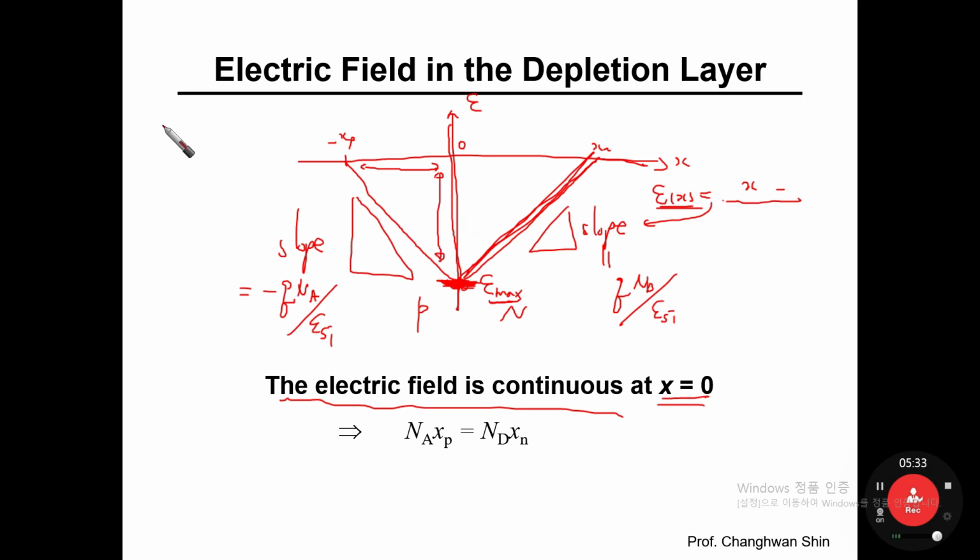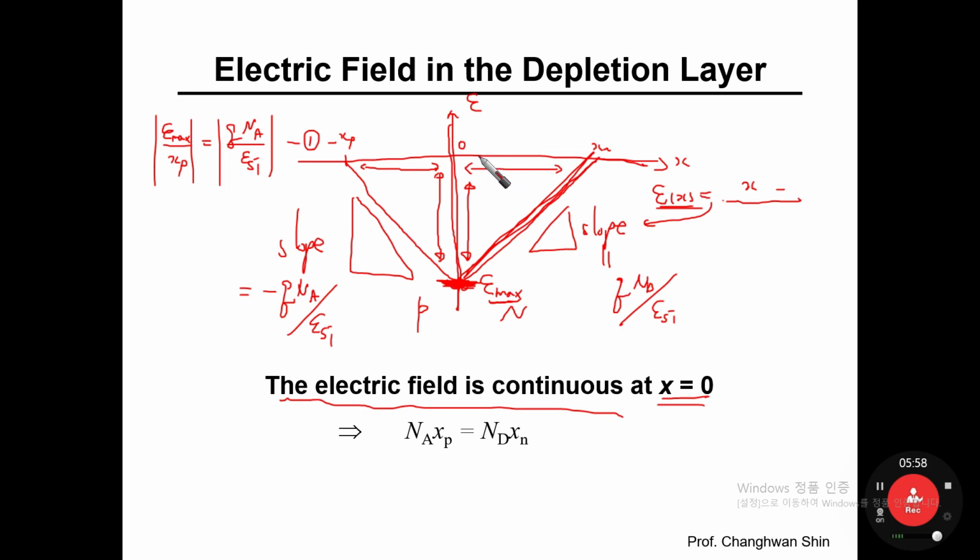So Emax divided by XP is equal to Q times NA over epsilon silicon. Of course, I'm talking about the magnitude only, okay? And that equation is number 1. And another equation that I want to derive is this.